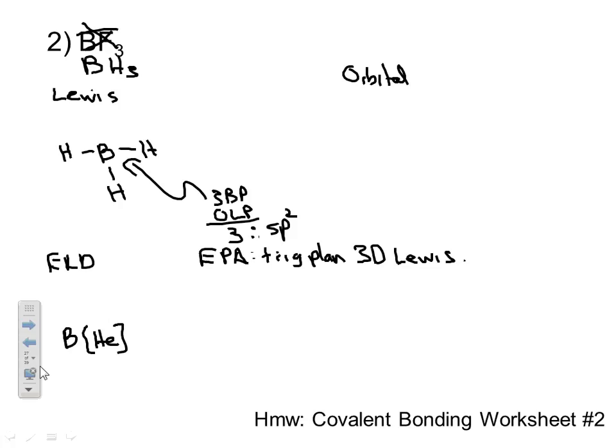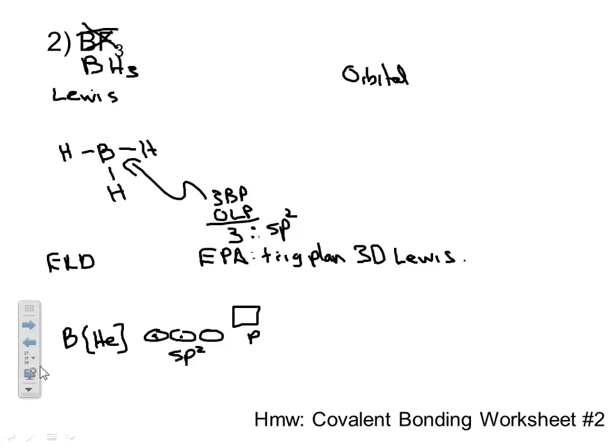Since it's sp2, I need three ovals. And then I need a P that is unhybridized. This is sp2, and this is P. Notice I'm not putting numbers with it anymore. We can have other elements also behaving in this way that are lower down, so I'm not putting the numbers in.